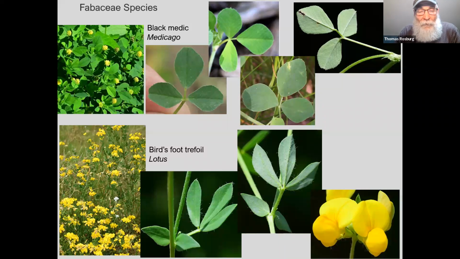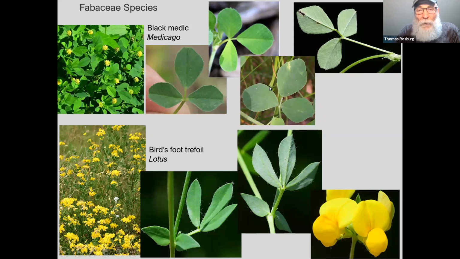So it seems to me that they don't have stipules. But almost all Fabaceae do have stipules, almost all of them. So I wonder if that interpretation is actually right, and if maybe these really are stipules.